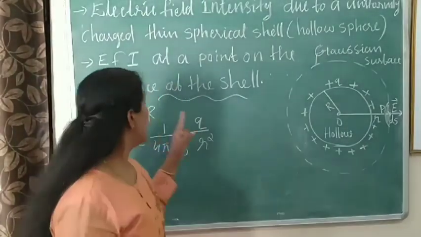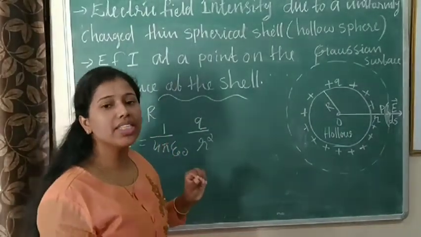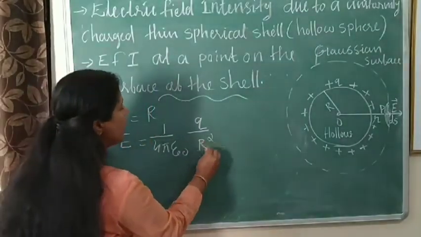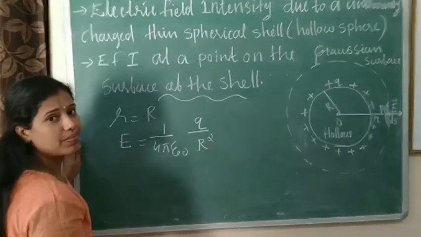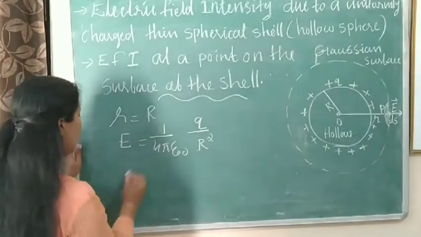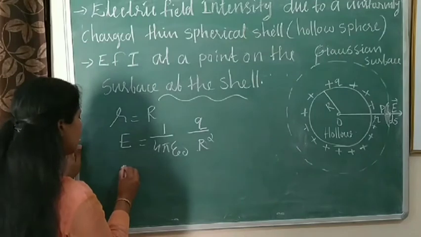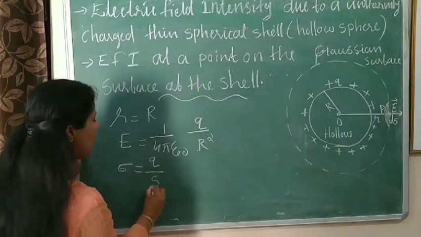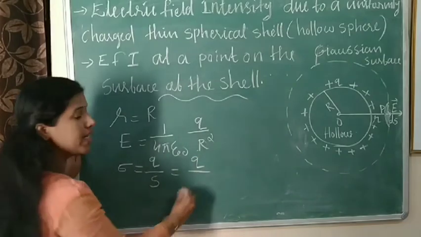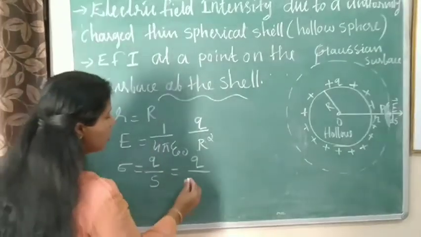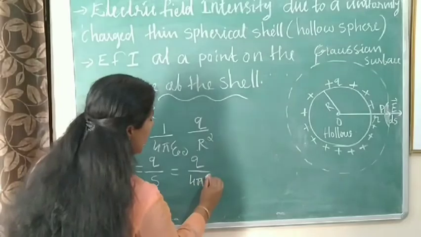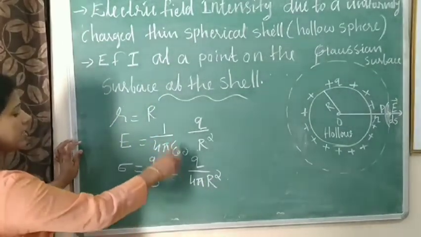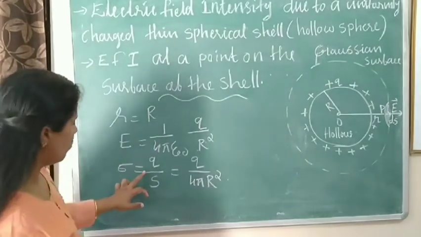Here we write r is equal to capital R, so instead of this we write R square. Next, the surface charge density sigma is equal to q by s, that is q by the area 4 pi R square.